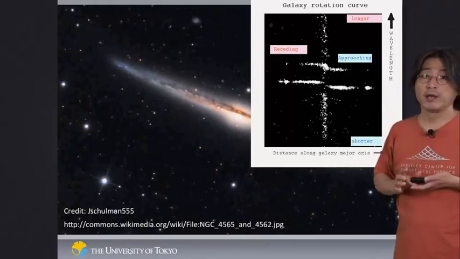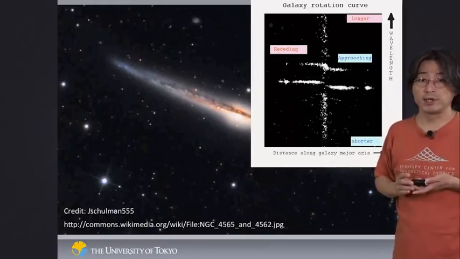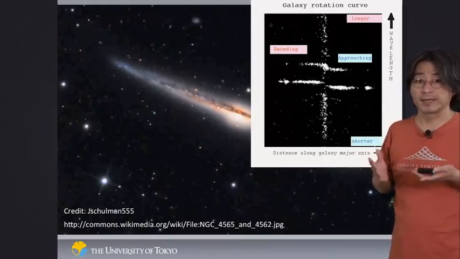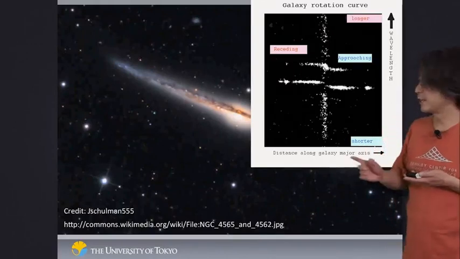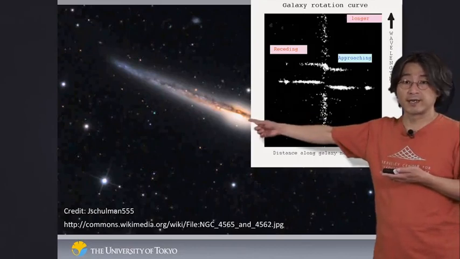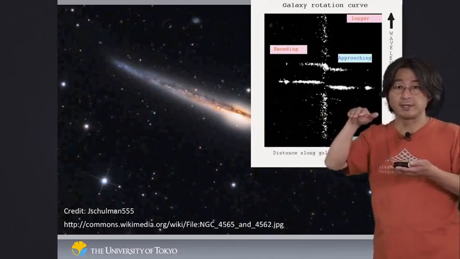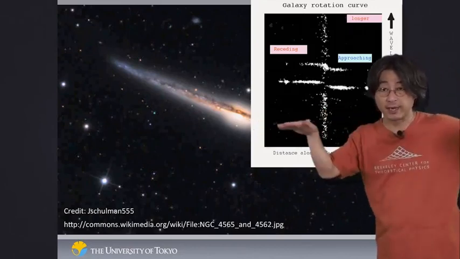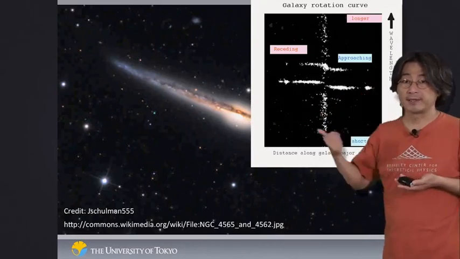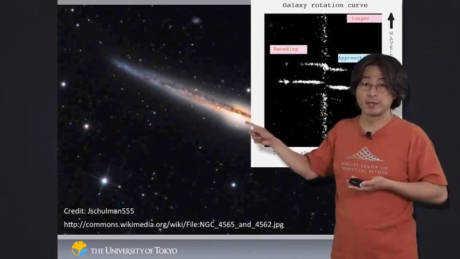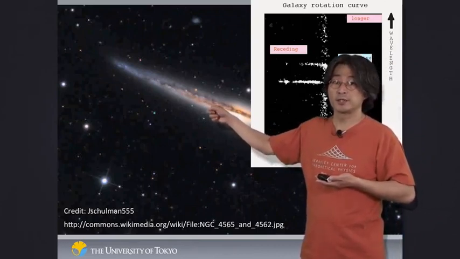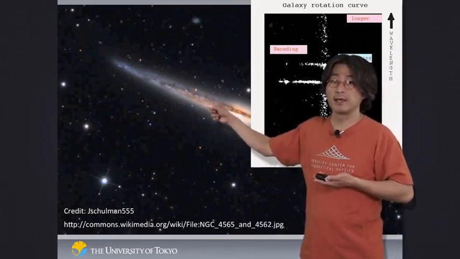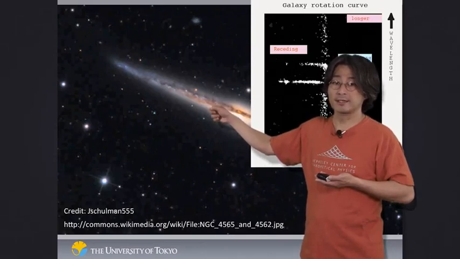The way you see the rotation speed of individual stars and even the gas in a given galaxy is, again, by using the Doppler shift. If you look at a galaxy like this, we're looking at it edge on, sideways. And this is the kind of ideal one we can study. Because if you go away from the center, you can see how much the light coming from these stars or gas is Doppler shifted.